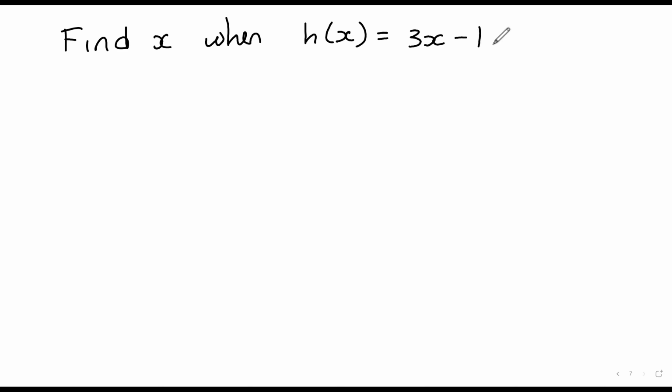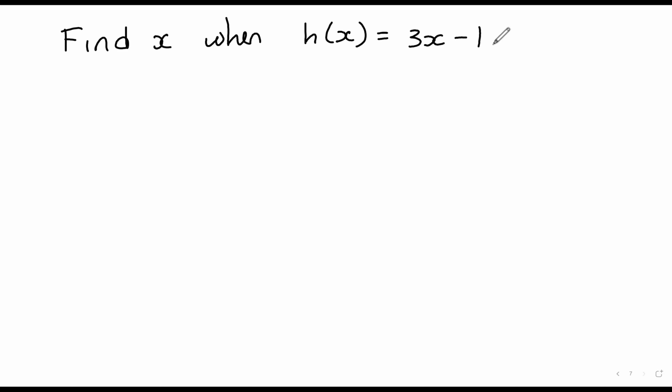Let's say find x when h of x is equal to 3x minus 1.